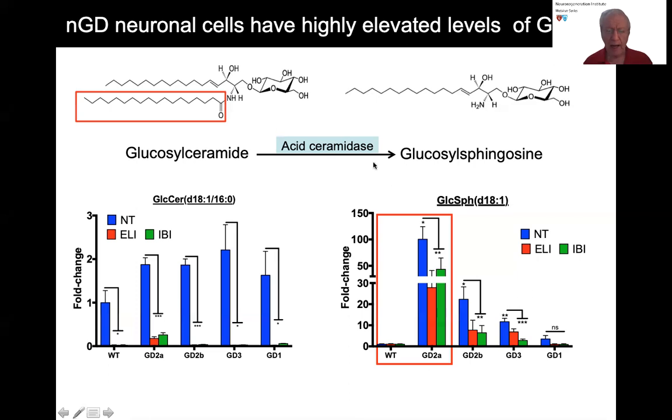So how is glucosylsphingosine generated? These are the structures of glucosylceramide. There is a fatty acid moiety, which is hydrolyzed by acid ceramidase, and this is the structure of glucosylsphingosine.